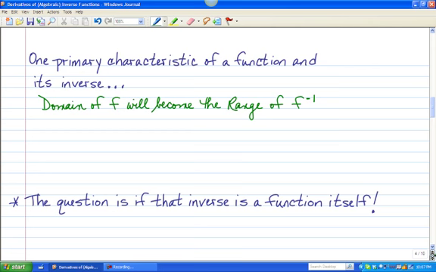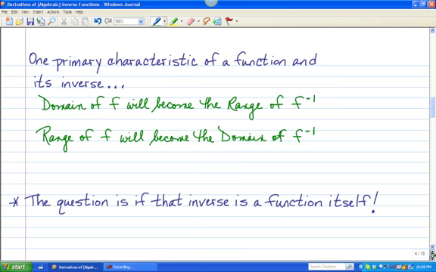And I'm sure you remember that f inverse notation. Likewise, the range of the original function f will become the domain of the inverse, which very much makes sense given the way in which we found each of these inverses was by swapping the x and the y, the domain and the range. So this very much makes sense.